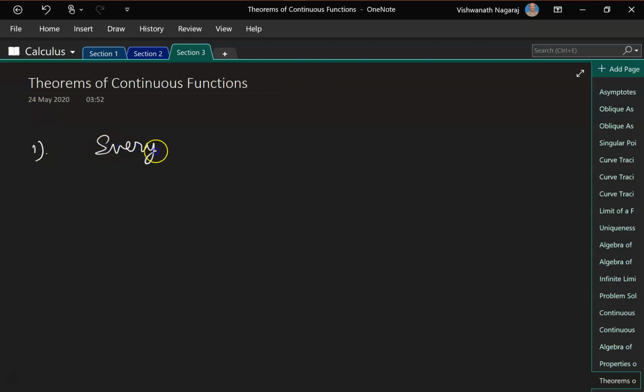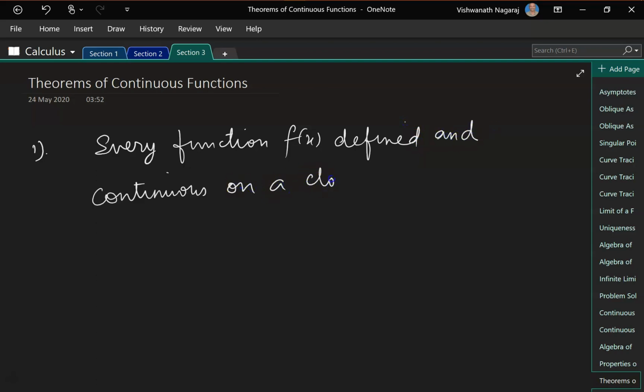Every function defined and continuous on a closed interval is bounded.